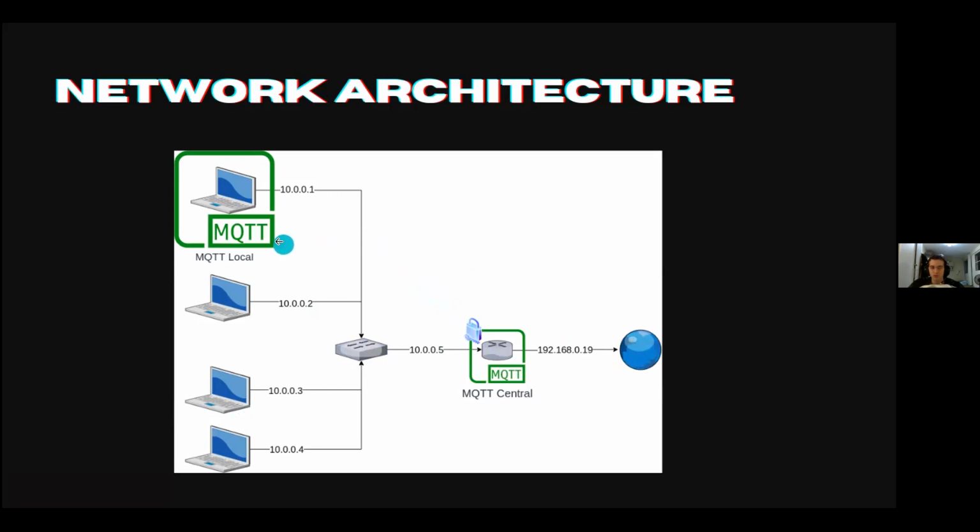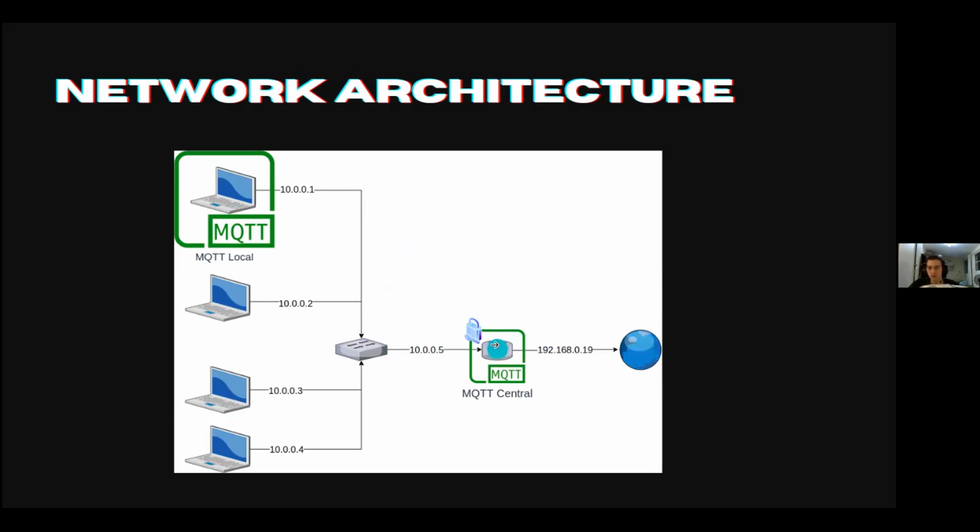So let's talk about the MQTT. For example, we can put a host as an MQTT local, connected and authenticated with an MQTT central that will be connected at the edge to have a connection to the internet.